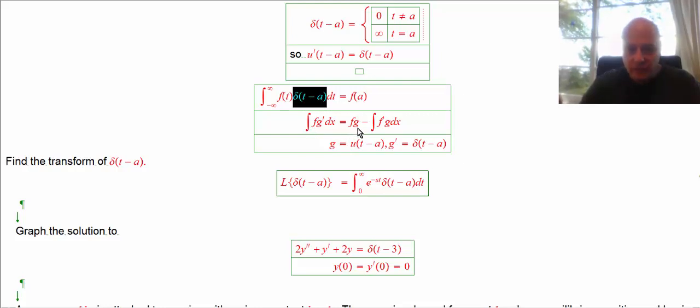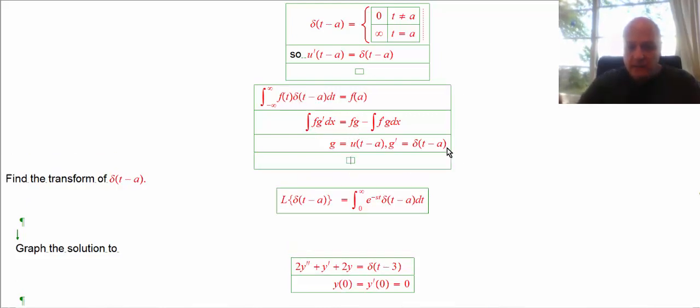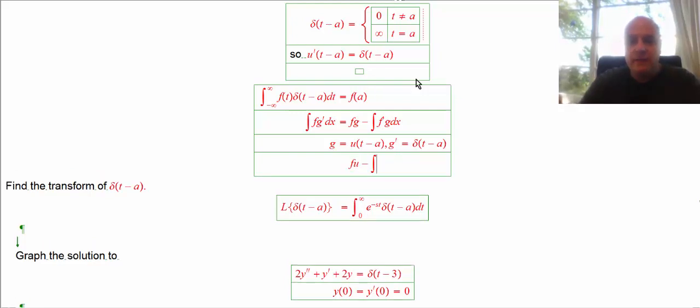So let's do this integration by parts. I need f times g, and g is the Heaviside step function, so f times u, minus the integral of the two things I made, which are f prime and g, again the Heaviside step function, dt.